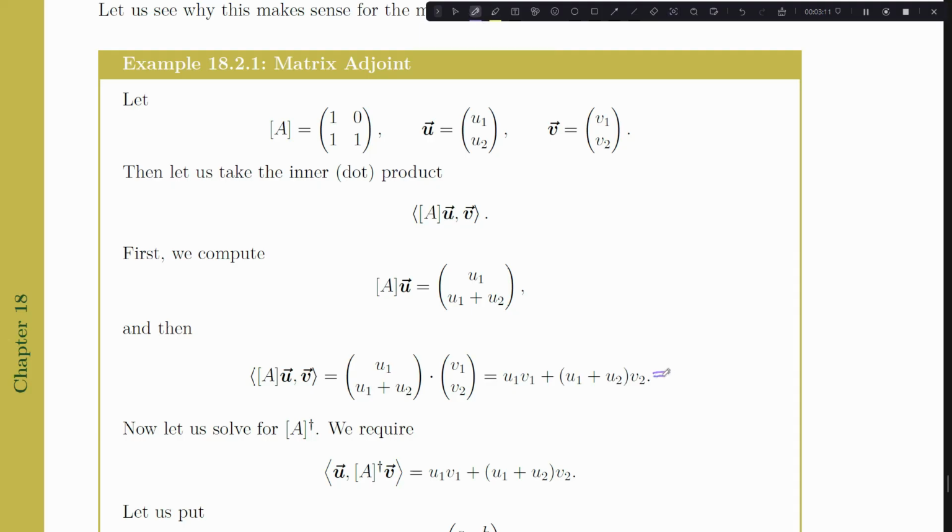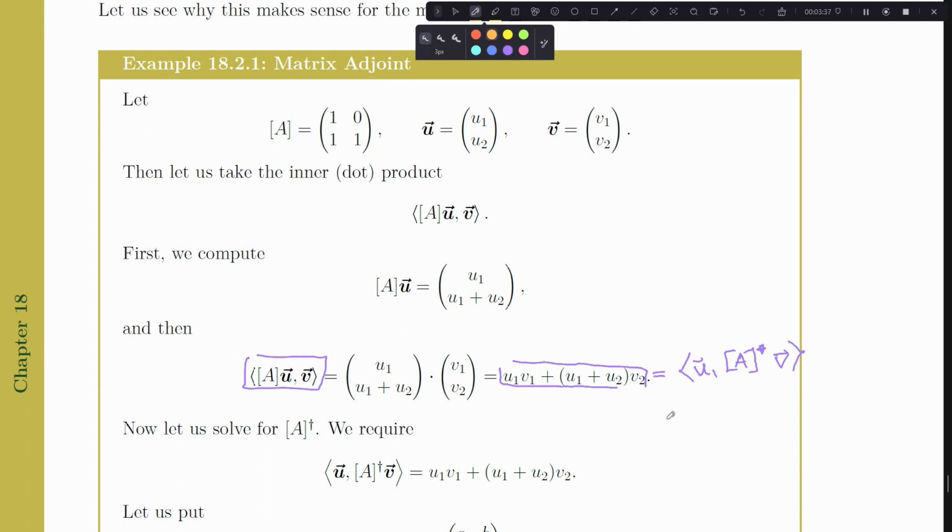Suppose we want to find the adjoint of A. That would be finding the matrix for which, if it's on the right-hand side instead of the left-hand side, I compute an inner product and get the same thing as I would have gotten if it were on the left-hand side.